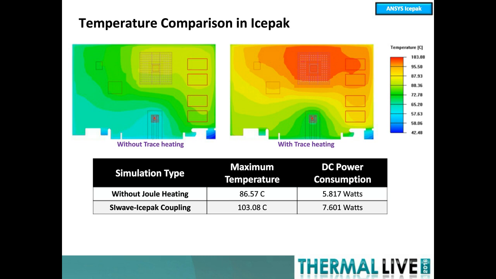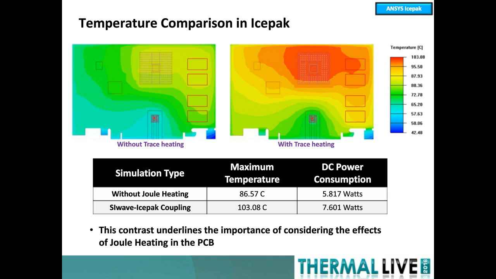That temperature was significantly higher, about 103 C. The DC power consumption increases as well when you include the effects of Joule heating in the board. This contrast underlines the importance of considering the effects of Joule heating in the printed circuit board.